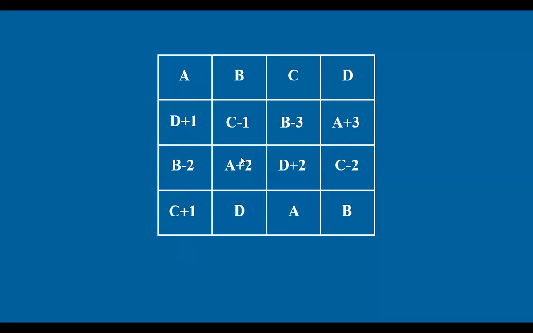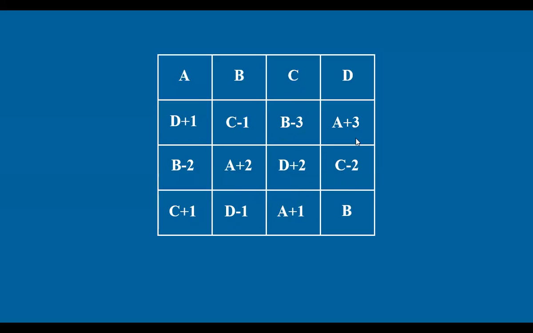If I add -1 here, the total will not be changed. Here, -3 +2 means net is -1, so I add +1 here. That means +2 +1, that is +3 -3. The total is not affected in this entire column.